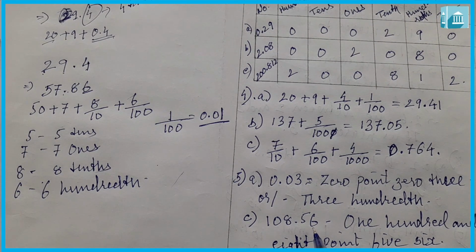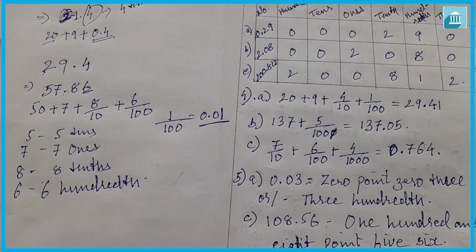We cannot say it is fifty-six. It is always written as five six. So 108.56 is read as one hundred eight point five six. The remaining all you can do by yourself.